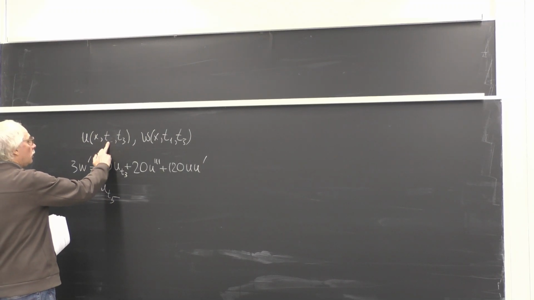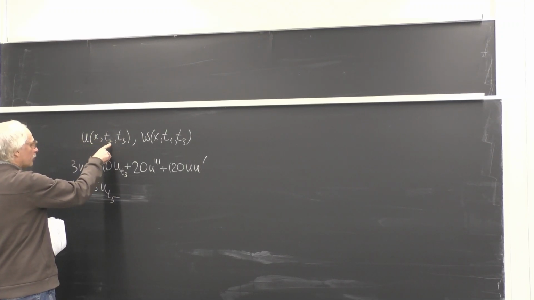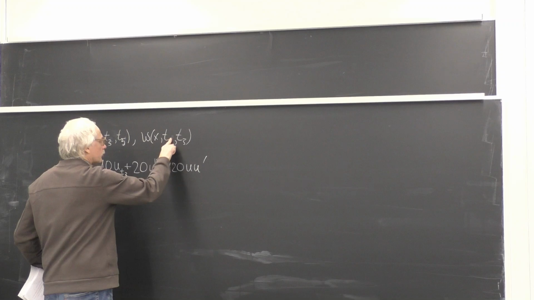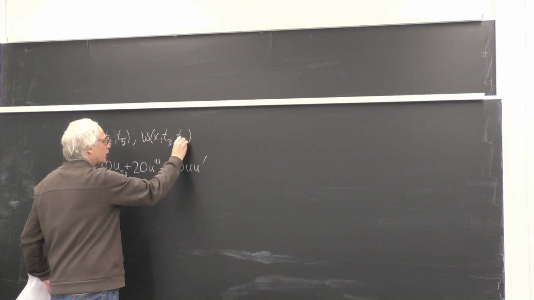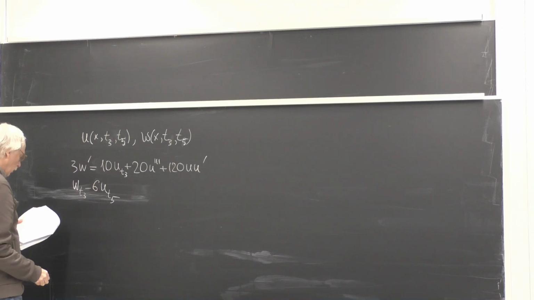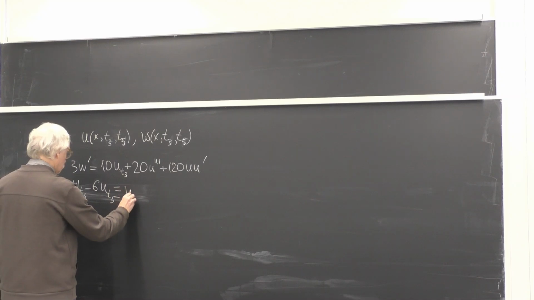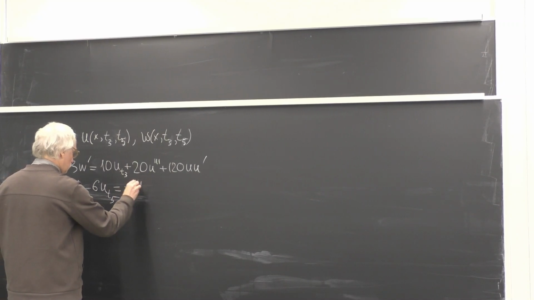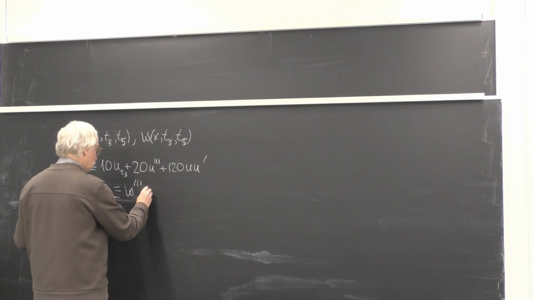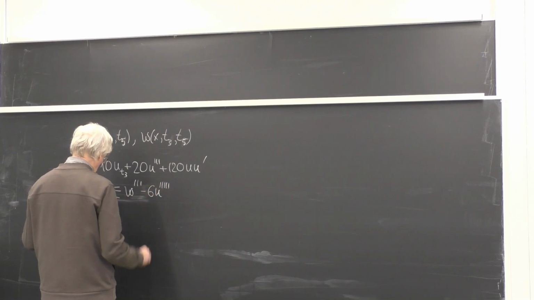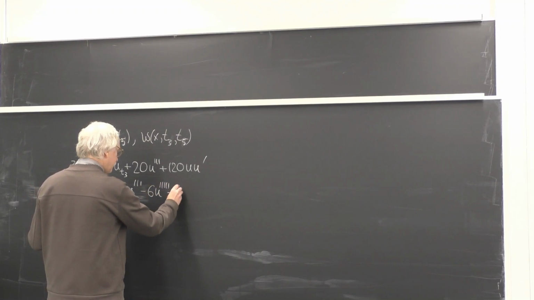We need actually x is t1, then we need the next two times, t3 and t5. Fifth derivative.